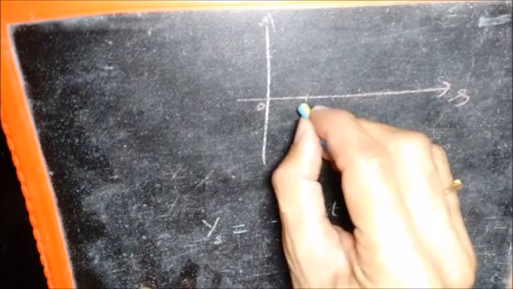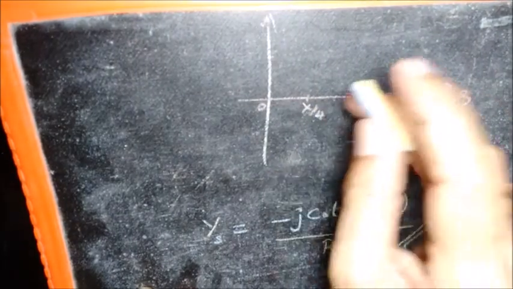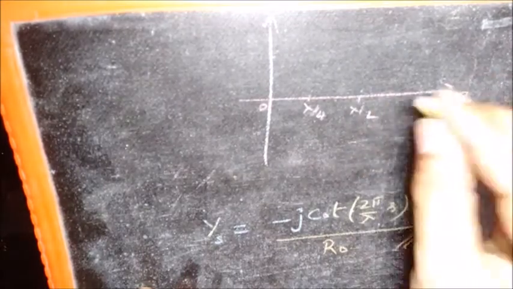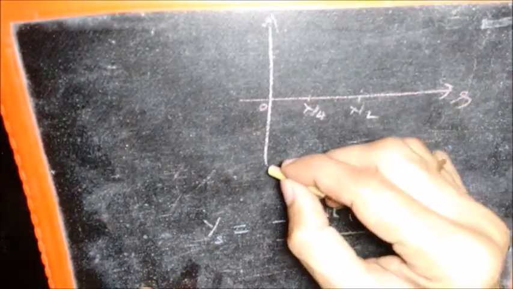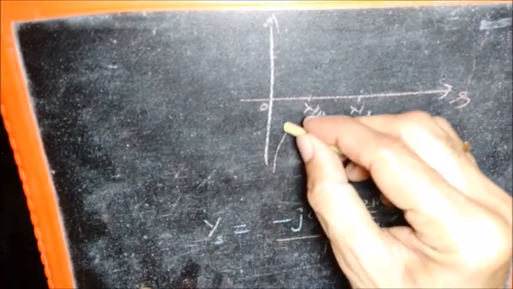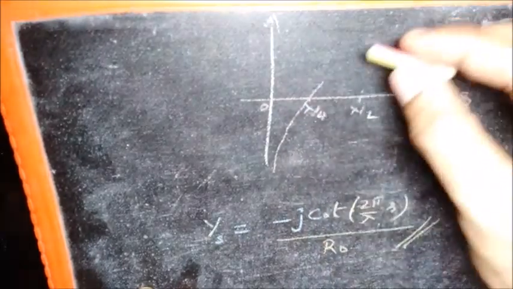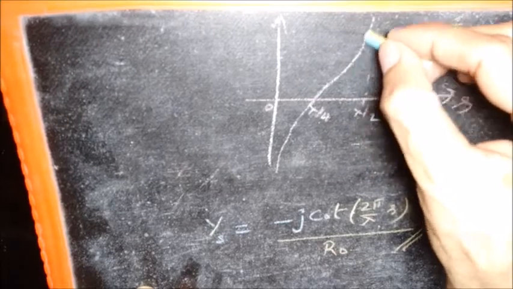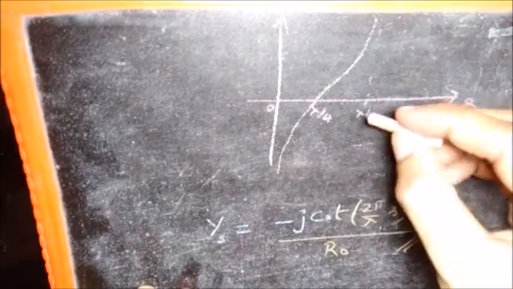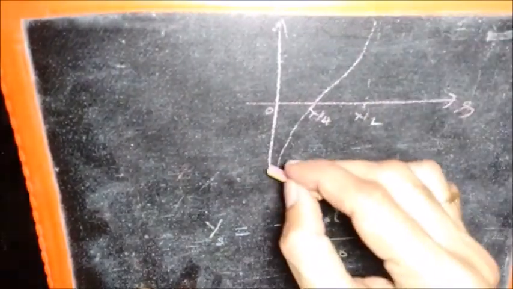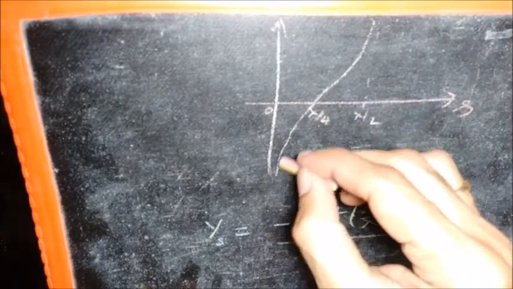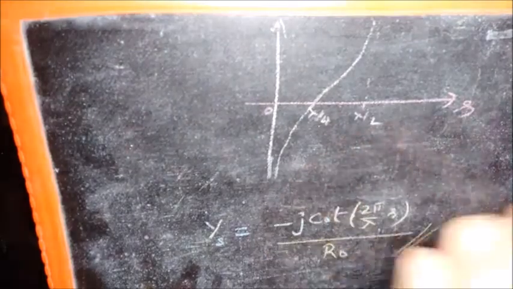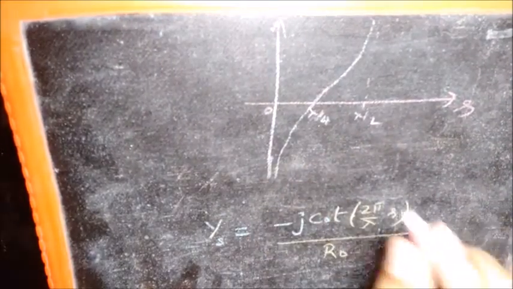So 0, S is lambda by 4, S is lambda by 2, and so on, but it's repetitive. And we have a variation like this. If you plot, this will go and asymptotically touch this line at S equal to lambda by 2, and similarly this goes and tries to touch the S equal to 0 line, that is the vertical axis.